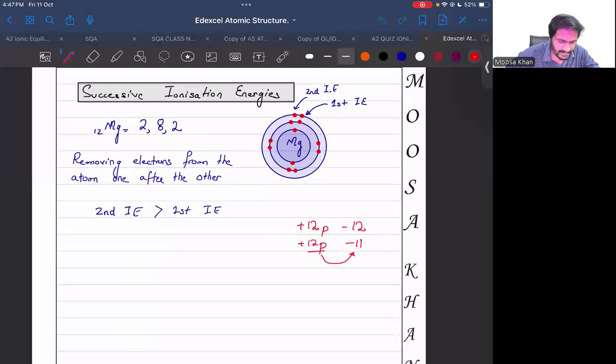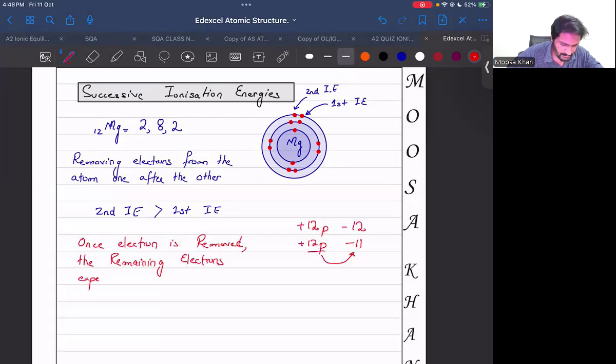So the second ionization energy would be greater than the first ionization energy, the reason being that once an electron is removed, the remaining electrons experience greater effective nuclear charge.